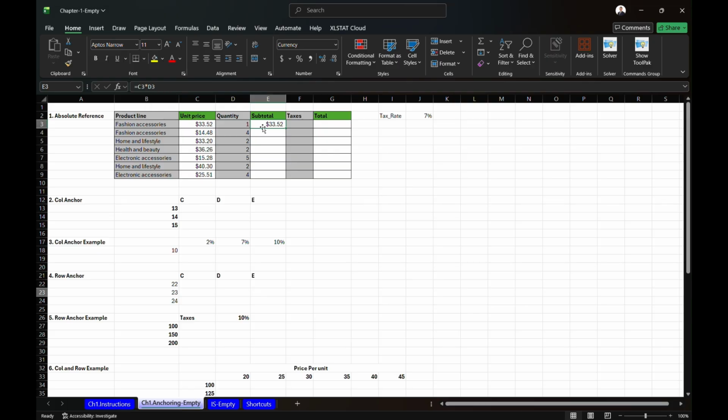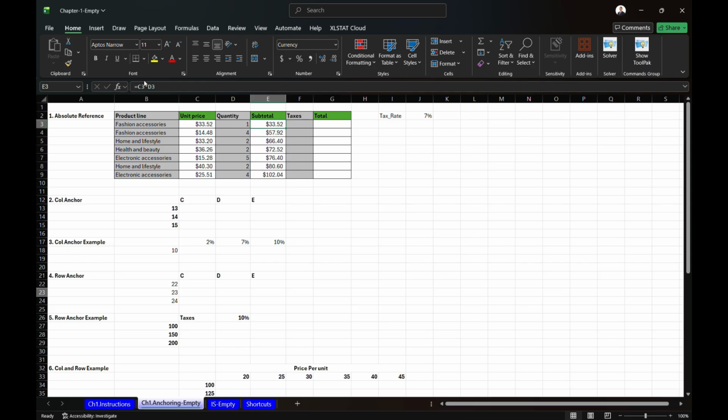And now the great thing about Excel is that we don't have to repeat ourselves. If when we are in cell E3 right here, the one that we just did the formula for, and if we press and hold shift on our keyboard and then use our down arrows to highlight the cells below until we get to E9, we can copy the formula down by holding control on your keyboard and then pressing D, and that copies down the formula.